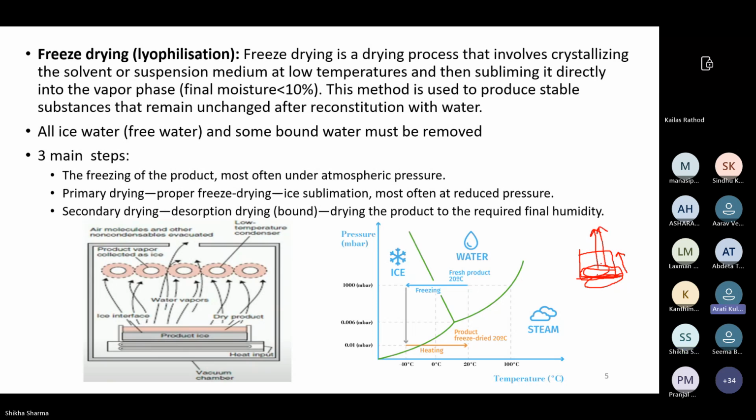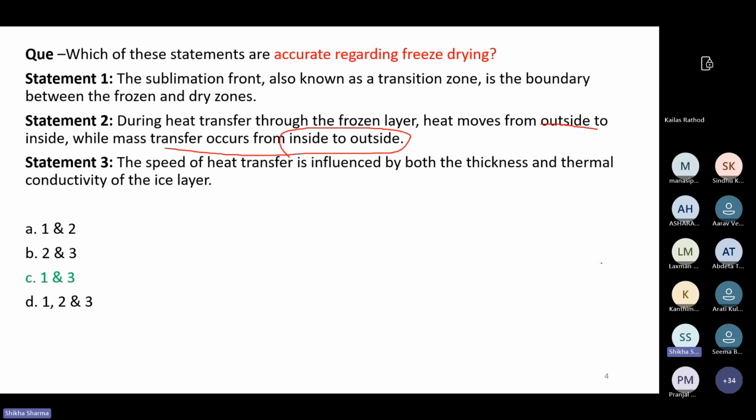But in both the questions, there was no diagram given. So how will we conclude? Yes, you are correct that the diagram is not given, but we need to look at which layer the heat transfer is through, whether it is a dry layer or a frozen layer.